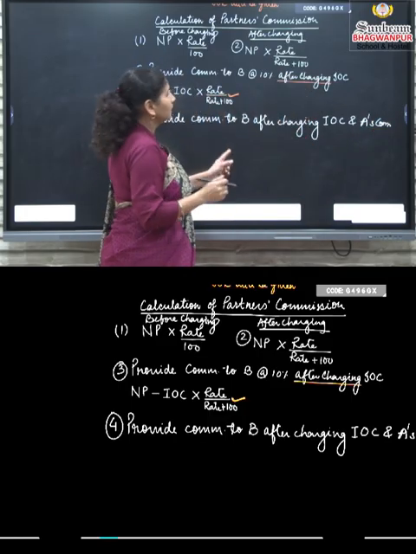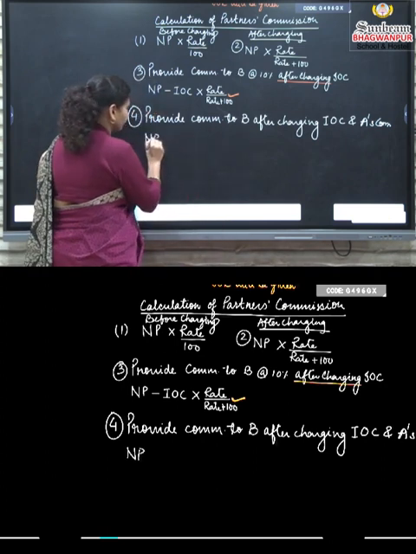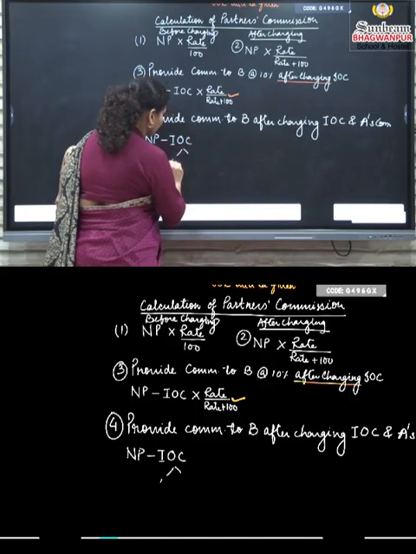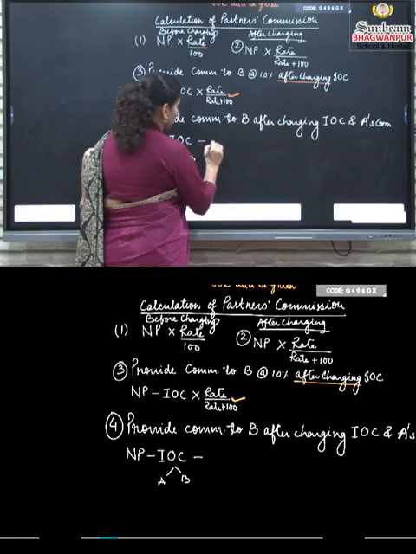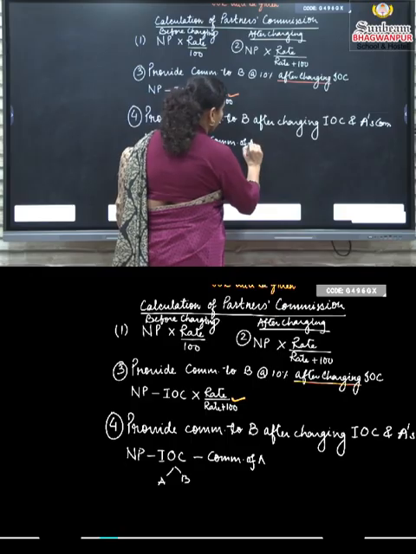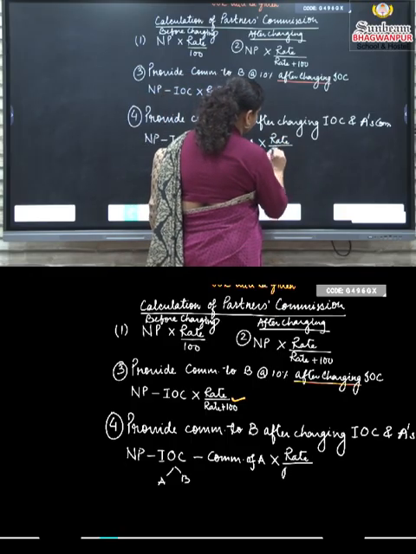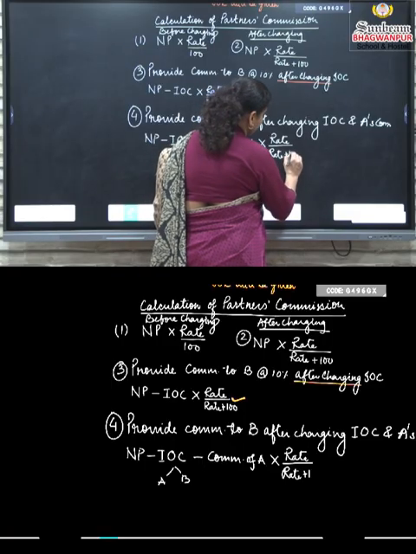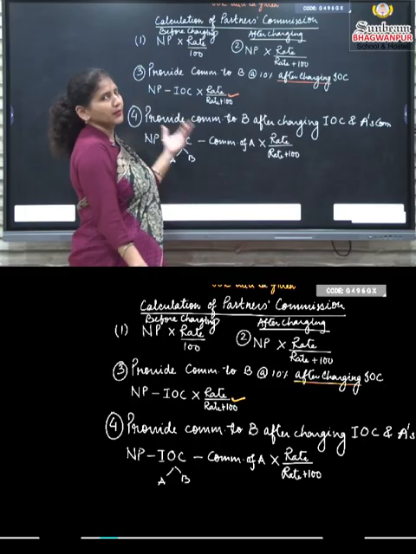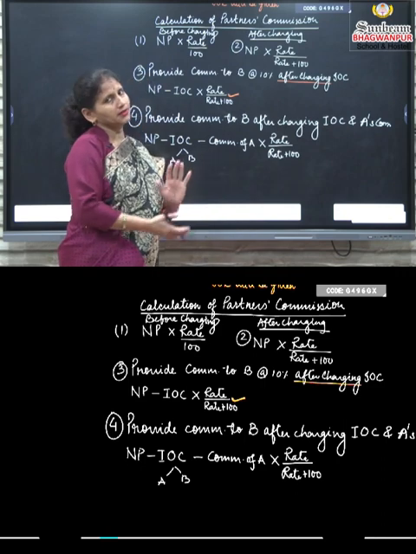Here the formula will become net profit minus interest on capital of both A and B minus commission of A, and then into rate upon rate plus 100. So, these were the different cases of calculating commission.